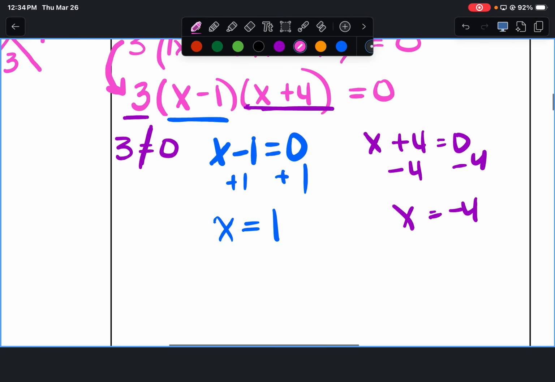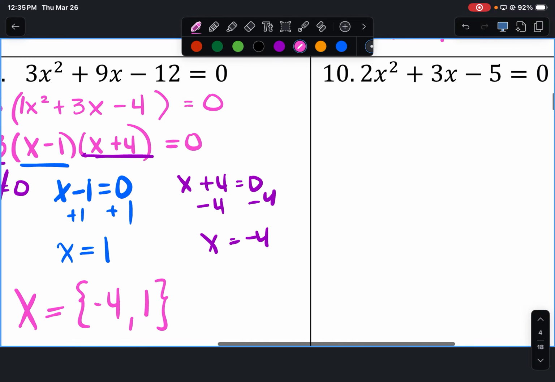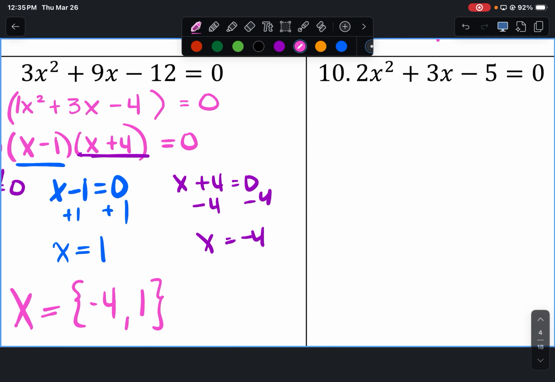What is our A times C? What is our B? Are there 2 numbers that multiply to give you 1, but add to give you negative 4? I don't feel like there is. There's not. Okay, so this right here is prime.